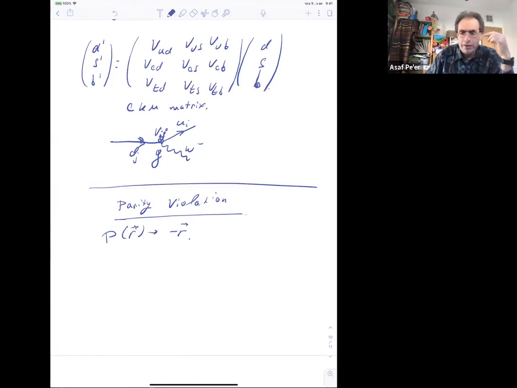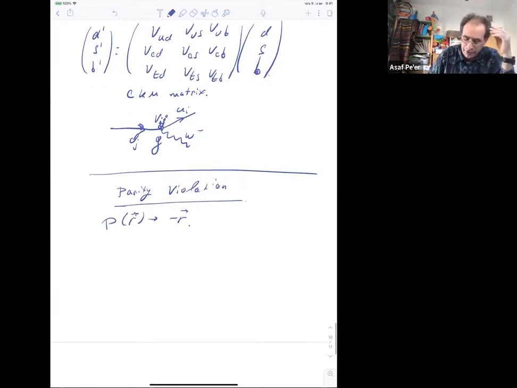So you have vectorial quantities, such as the position or momentum. They also change sign under parity transformation.